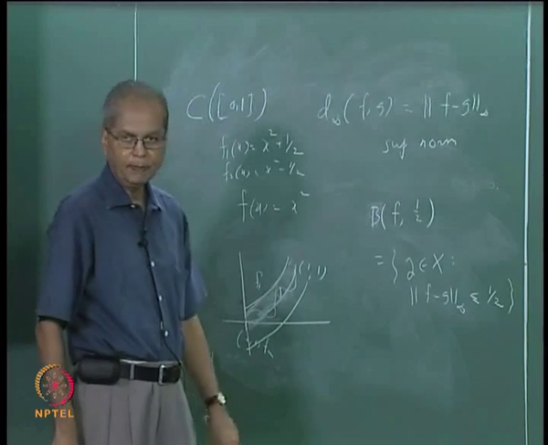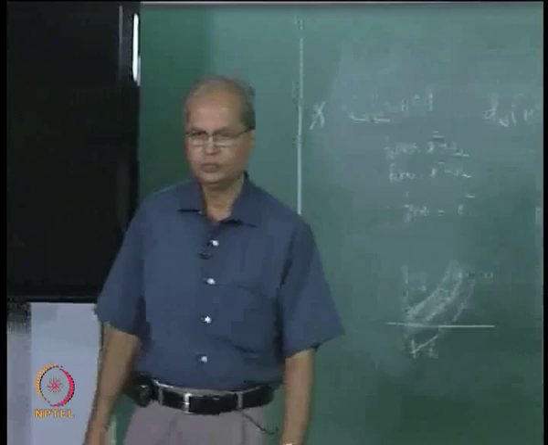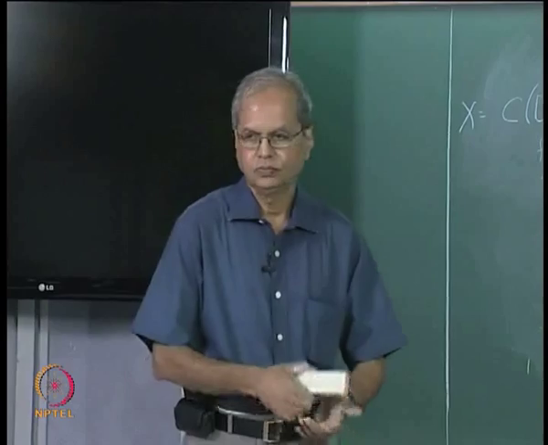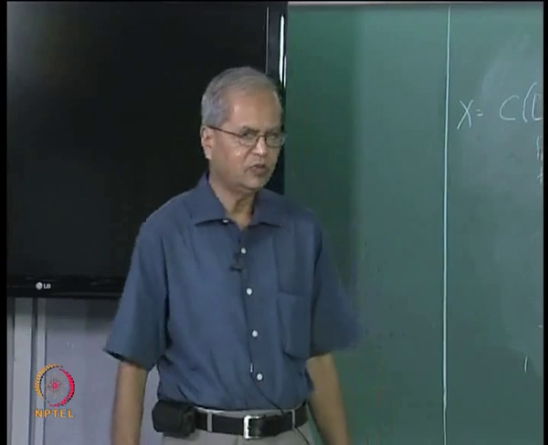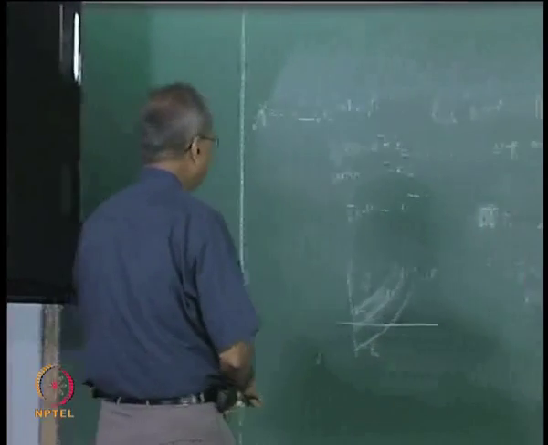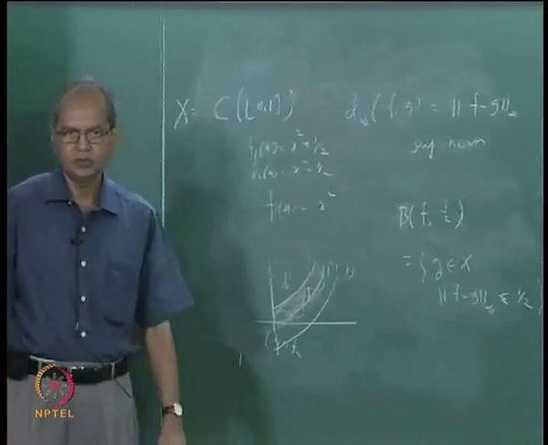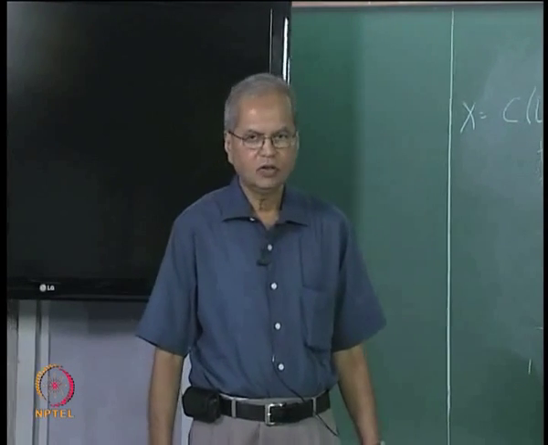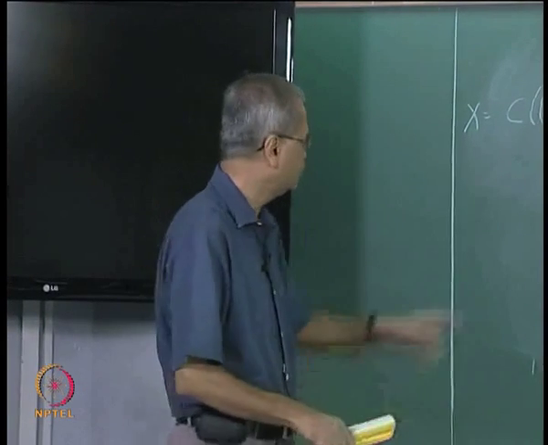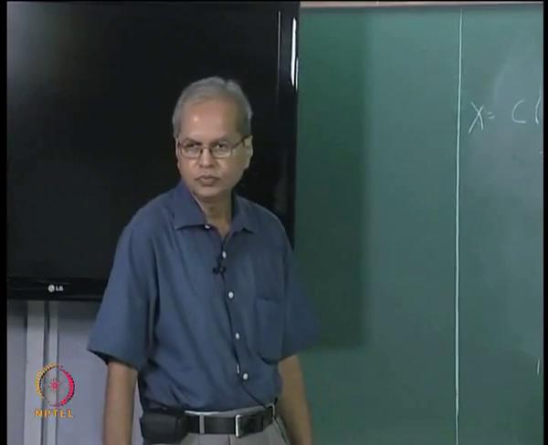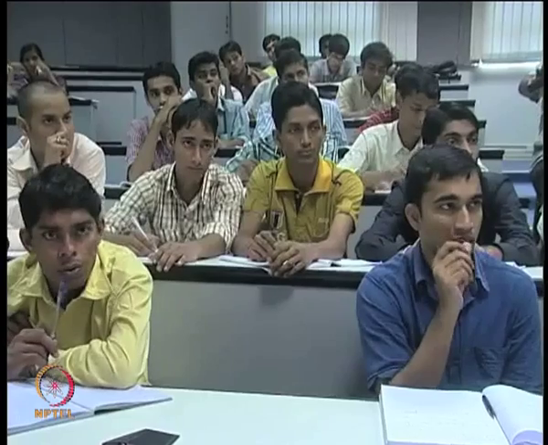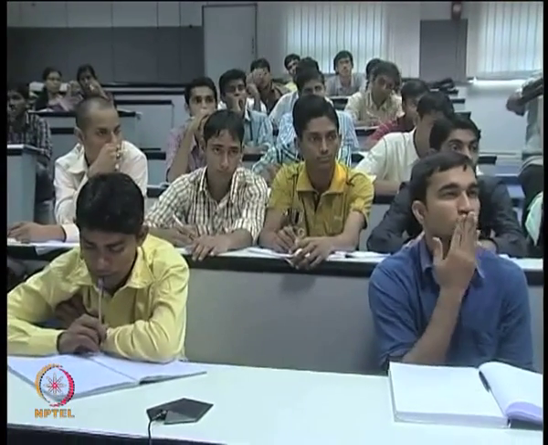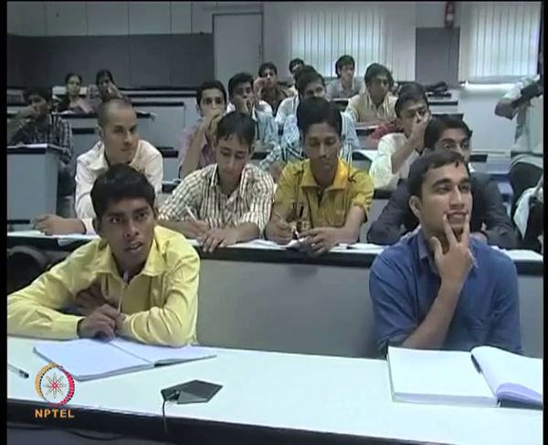But what about the sphere? Suppose I want a description of a sphere with center at f and radius half. Will the sphere consist of only those two functions f1 and f2? Nothing like that. Suppose I take a function like this.